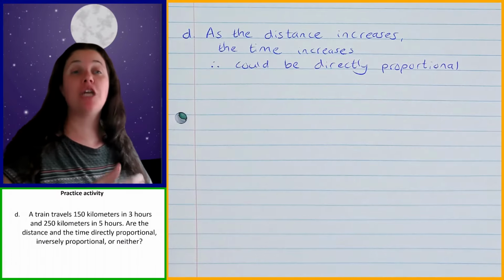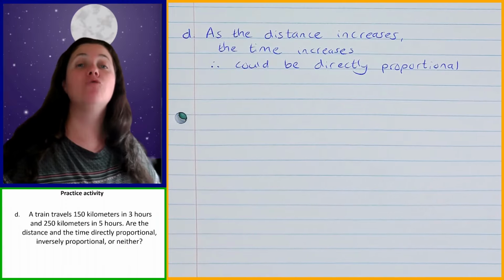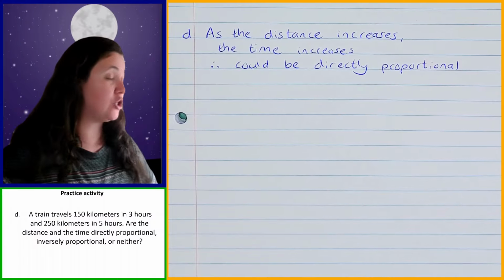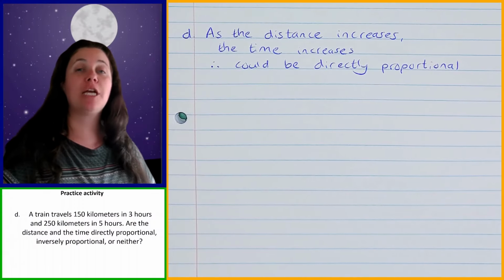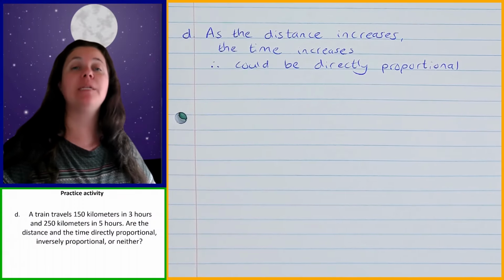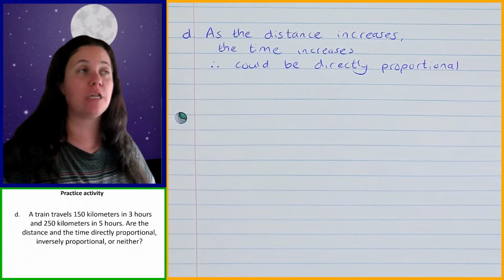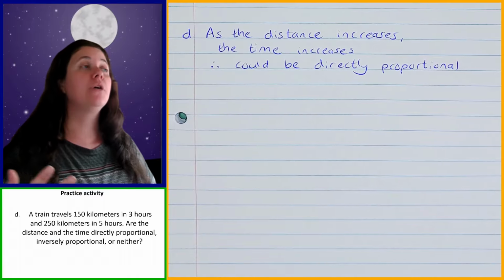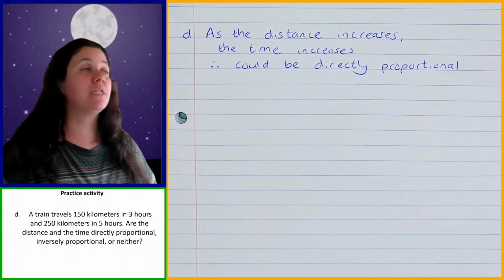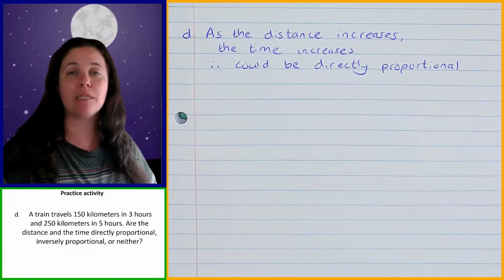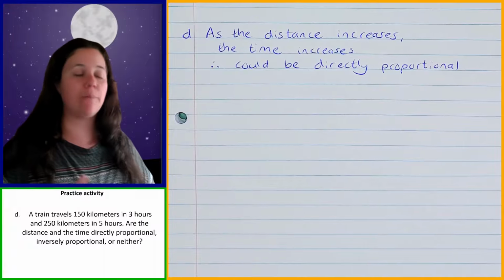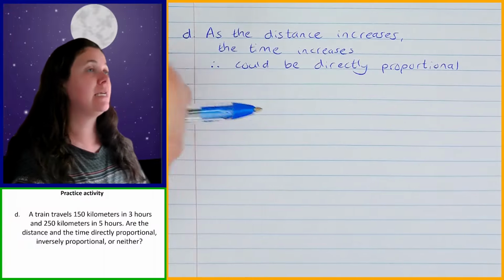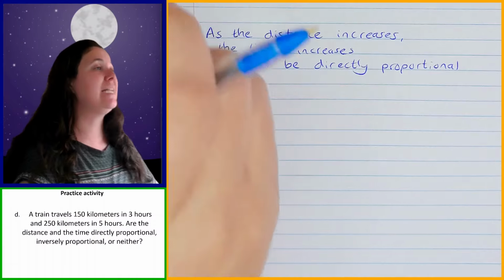So now I need to check that, and I need to find out, is it really directly proportional? When I'm trying to check for direct proportionality, I'm going to be dividing the two variables by each other. So I'm going to divide the distance by the time, or the time by the distance. But in this case, it'll make sense to do the distance divided by the time because the distance is a bigger amount. So for the first set, it's 150 kilometers and 3 hours.